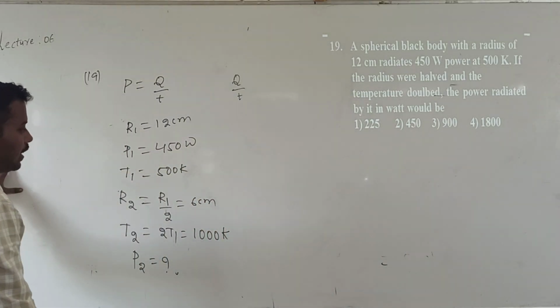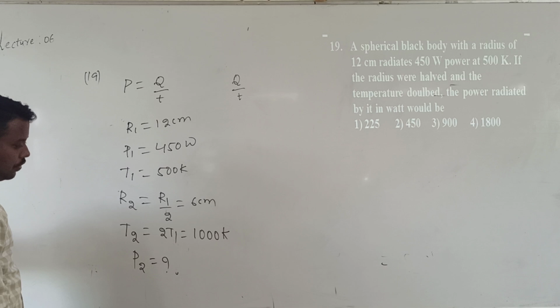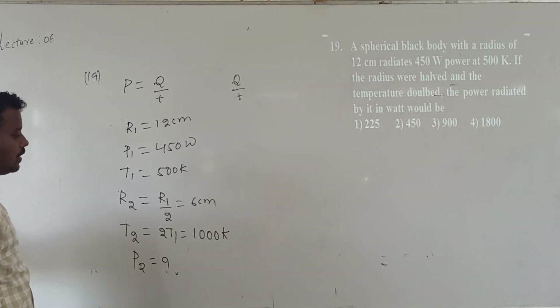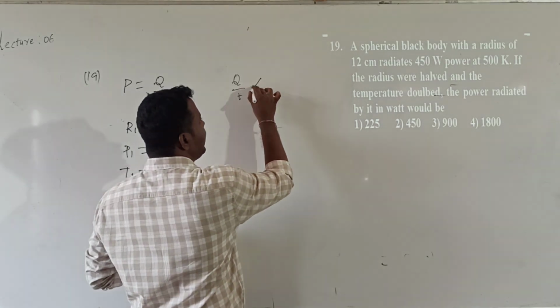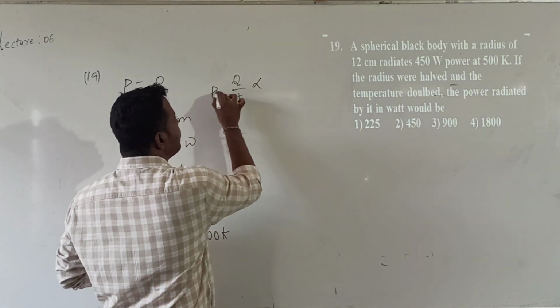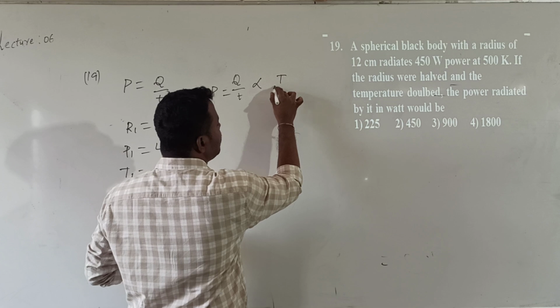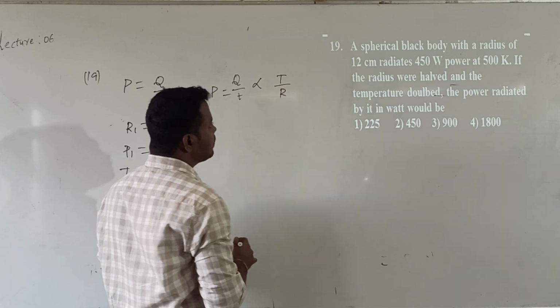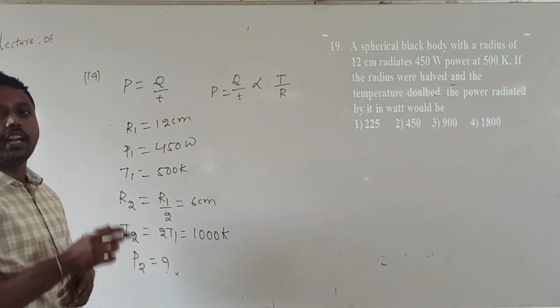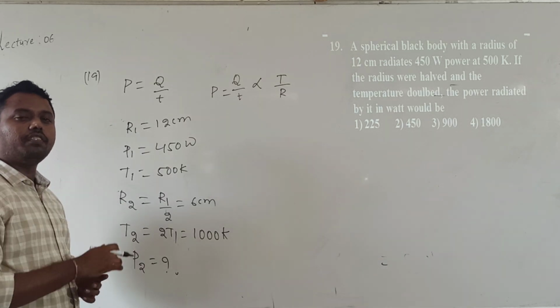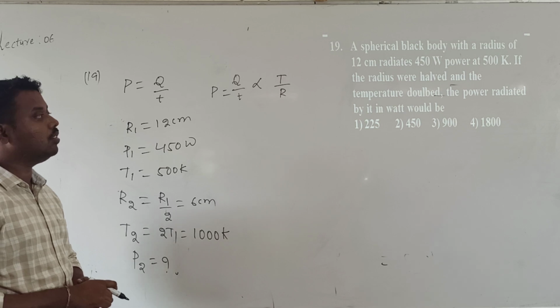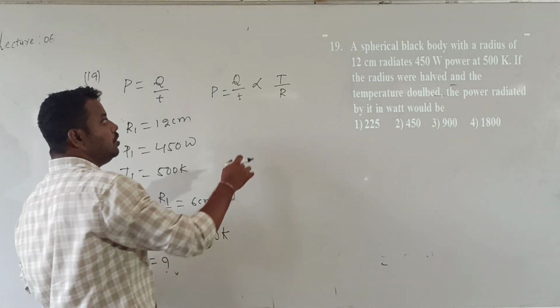Actually, I can also write the power value as directly proportional to T divided by R. According to Stefan's law, it is directly proportional to the 4th power of temperature, but generally we can also write it as directly proportional to T by R.